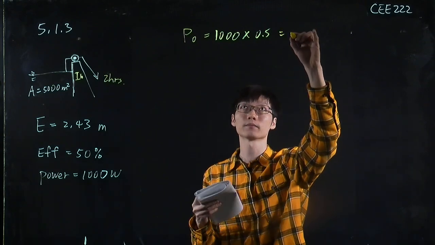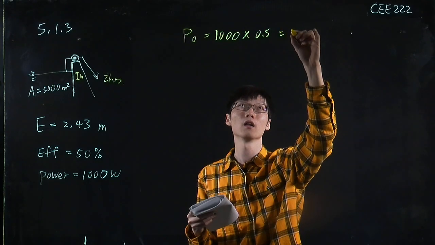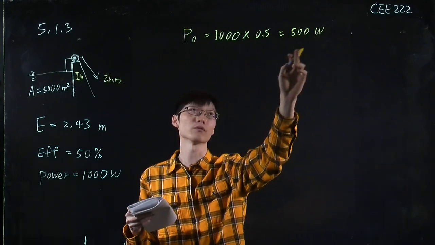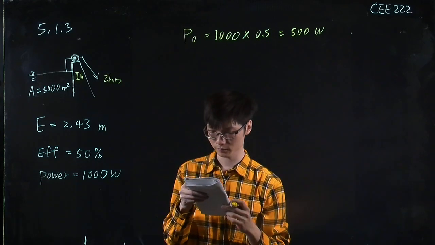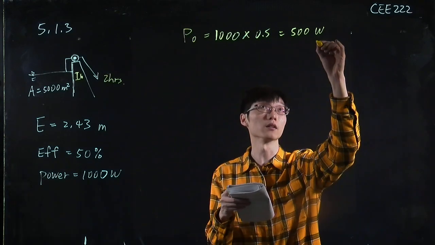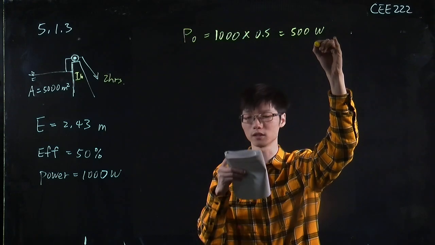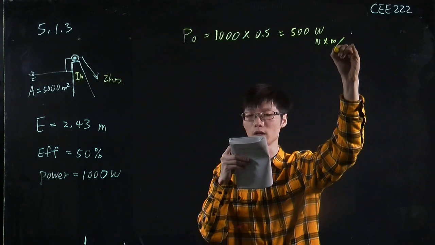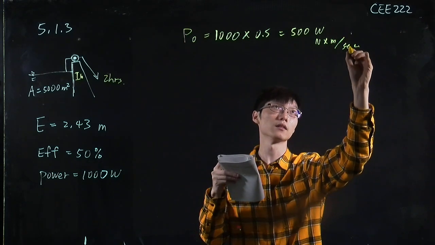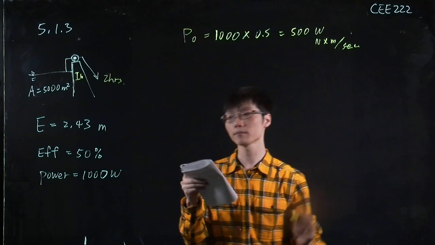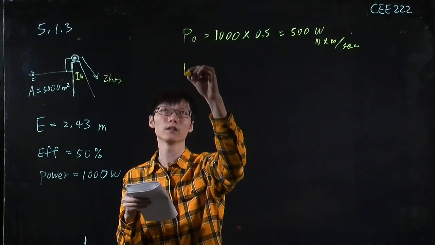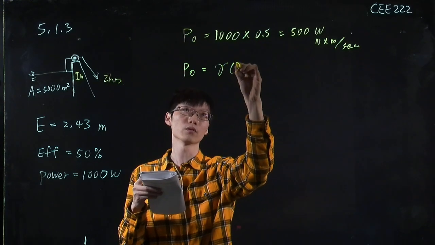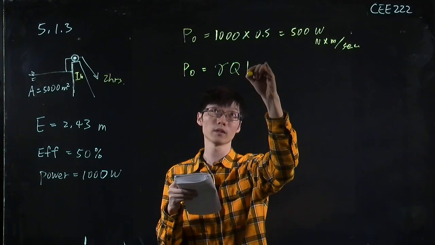So that gives us the power used on the water is equal to 500 watts. And we can also write the watt is equal to the Newton times meter divided by second. Okay, and we know that the power is equal to rho g Q H_p.